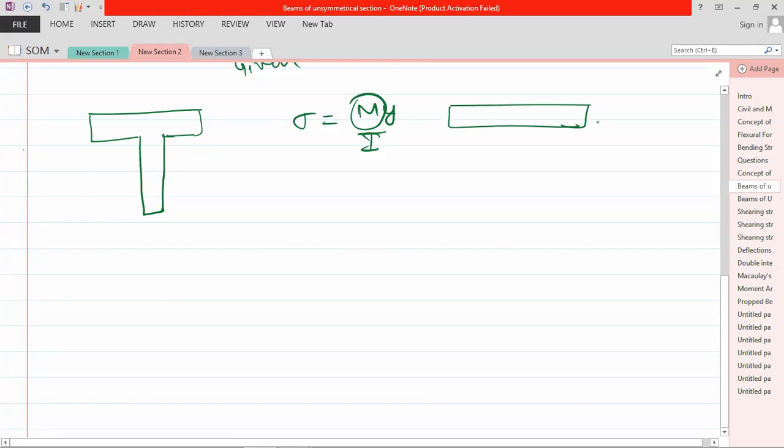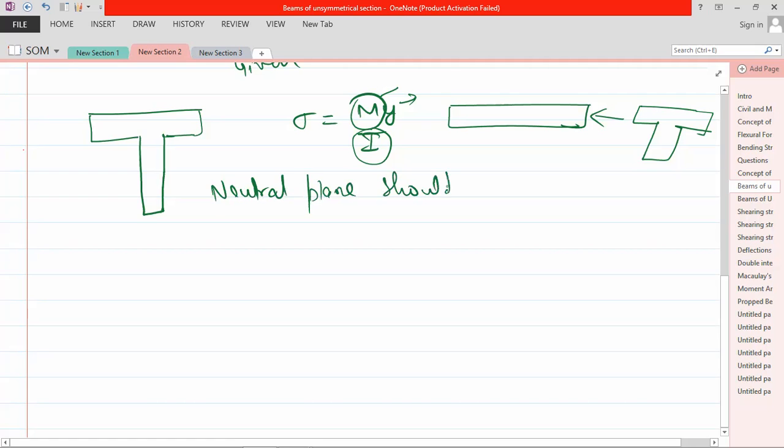Suppose this is your bar and its section is T. Now you can obtain y also, because suppose you are given some neutral plane, you can obtain the distance y. You can obtain I about the neutral plane. But in a T section, you cannot just say the y is here in the bottom or in the top. You need to find it, and you all know the neutral plane should coincide with the center of gravity.